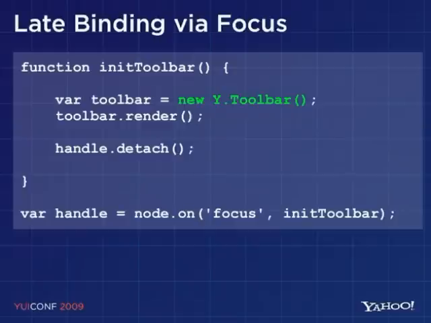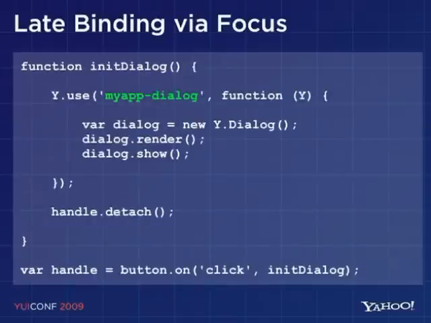And then you could take it even another step beyond that and not even import any of the library code that you need for a given widget until that widget is actually going to be used by the user. This is particularly useful for widgets like menus or dialogues, something that's completely hidden from the user at first glance, and it's not until the user clicks on something in the user interface that some additional components are drawn on the screen.